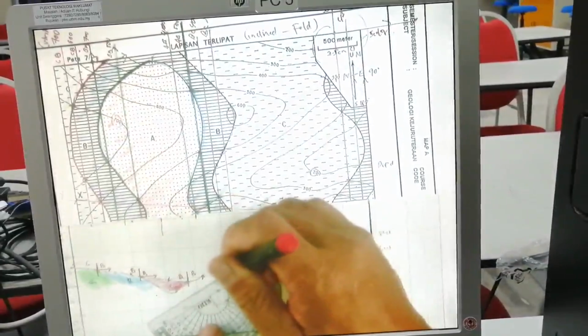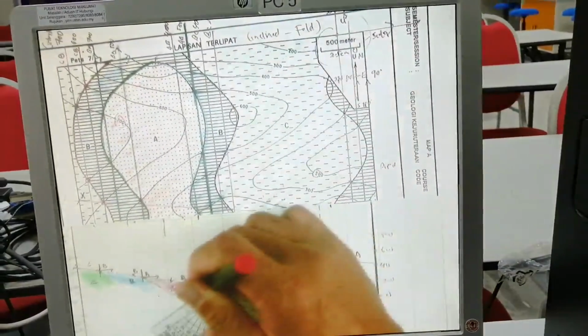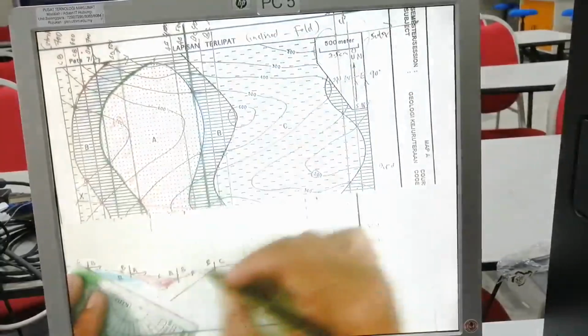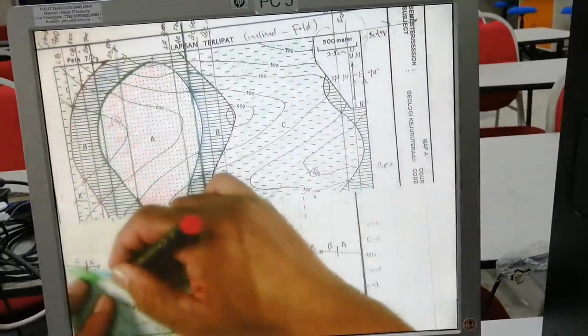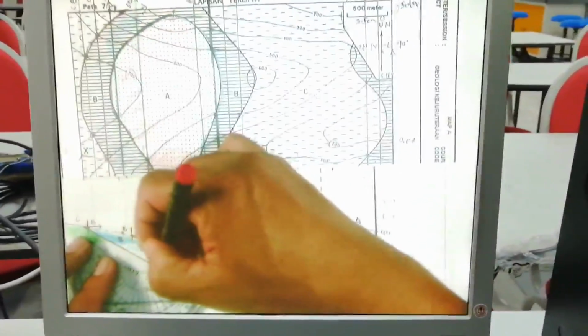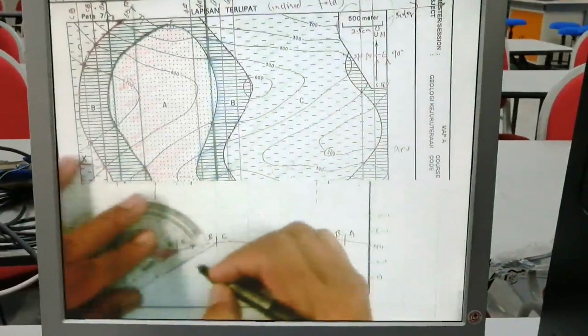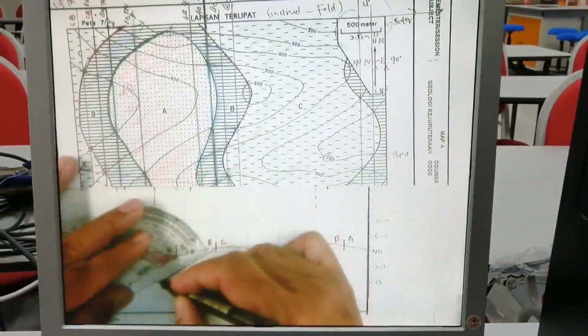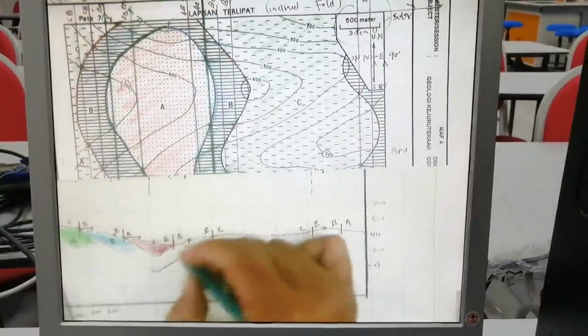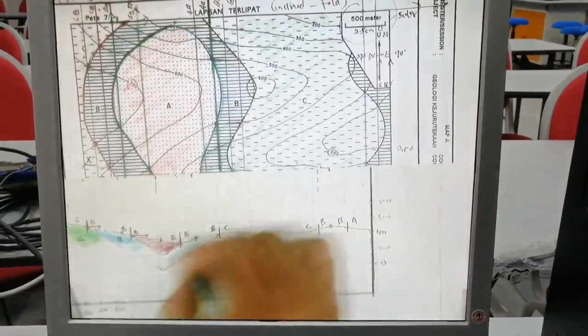So draw this line up to here and match this line, because this location is B. So let's connect it. So this is the B area.